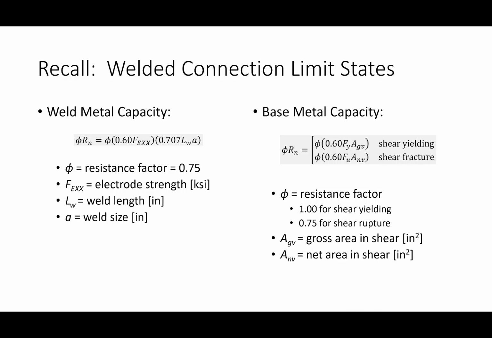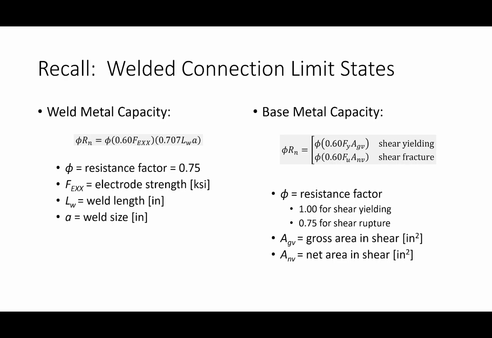For weld metal capacity, we have our phi value of 0.6, and we have our electrode strength times 0.6. We do that because we employ an assumption that welds transmit load through shear. Remember, we can relate a tensile strength of a metal to the shear strength of a metal through the von Mises yield criterion, and that ratio is about 60%.